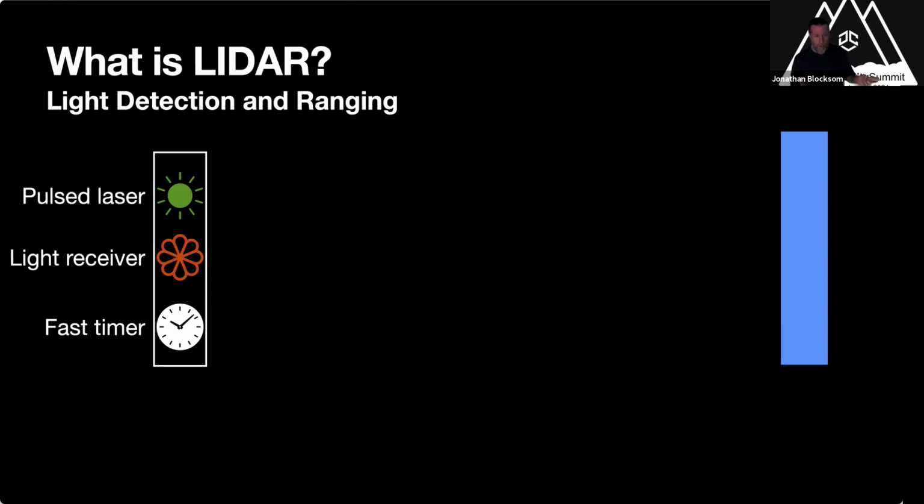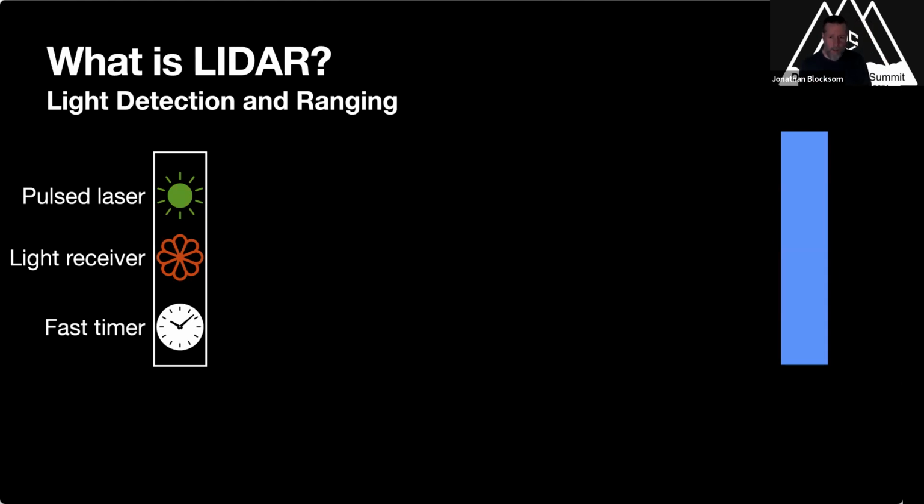LiDAR uses lasers to do depth sensing. There's a similar thing called structured light, which I'll mention a bit later. But the way it works is you have a laser, and you shoot out a laser pulse, just a little tiny pulse, not a continuous one, and you start your stopwatch when you shoot out this pulse. Now we're not talking about a person; we're talking about fancy electronics, so it can be a very high precision stopwatch.